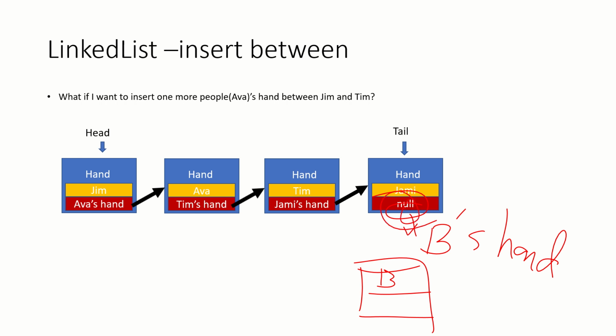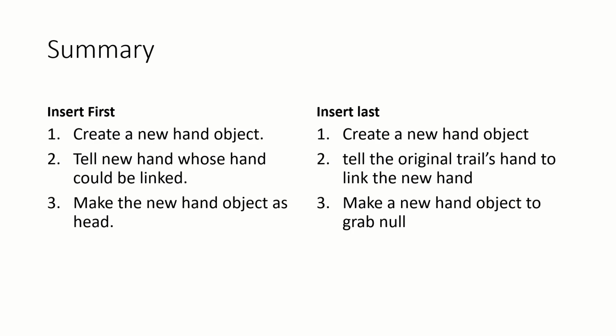They point to the node, right? You need to find the one hand which points to nothing. Then we can determine this is the tail, right? Then using the tail to point to a new one, right? Okay, let's summarize.